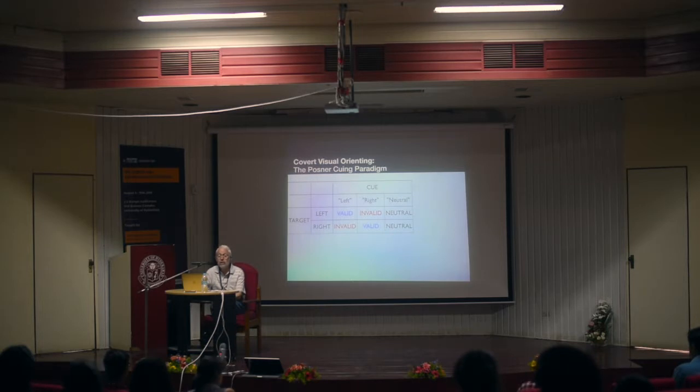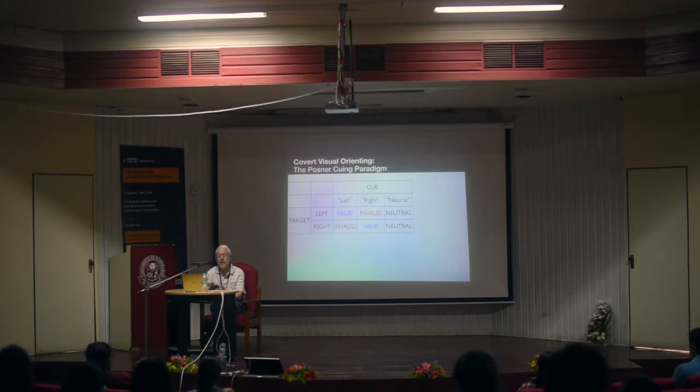While this is on, I just want to say that, in my opinion, it's not good practice to refer to the cues as valid or invalid. The target was either validly or invalidly cued, or the trial was an invalid or a valid trial. And the reason is, when a cue is presented, it's a cue, but it doesn't have the status of being valid or invalid until the target's presented.